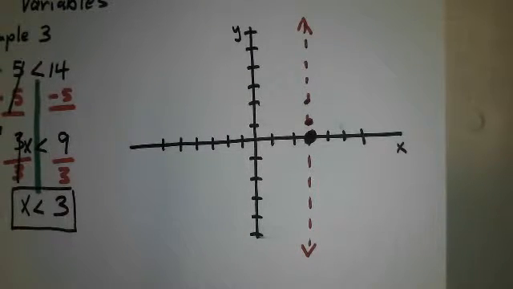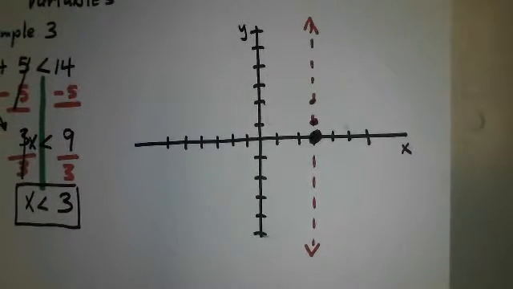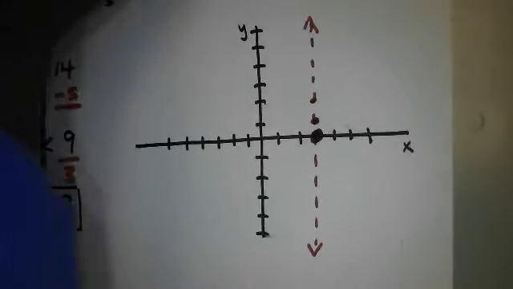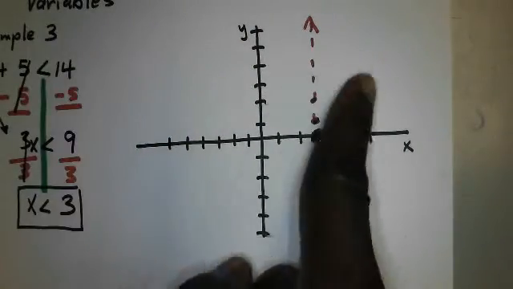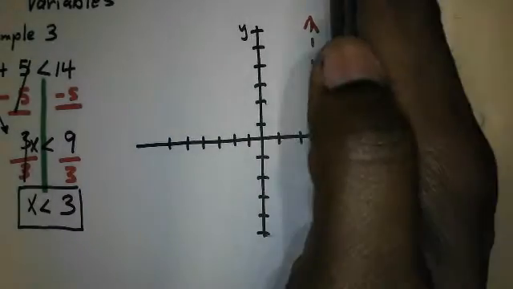Now what we're going to do is shade the proper side. Because it is an inequality, we either shade this side of the dashed line or this side.